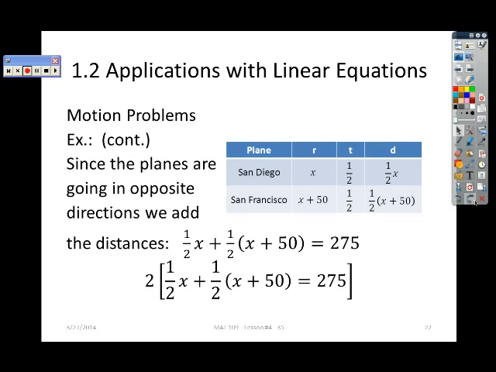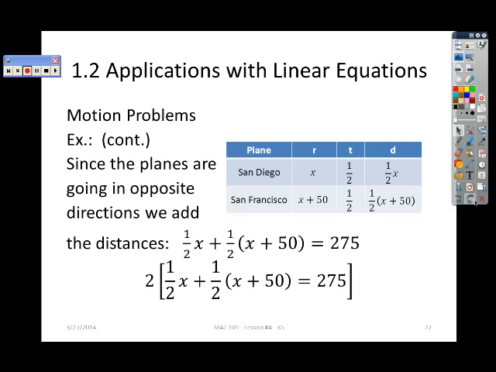Don't force a piece of data in there. Use the formula. If you had put 275 in for both of those, for one thing, it would have been incorrect. For another, you don't have any way to get an equation. So don't just blindly push forward saying, well, that's a distance, it goes in the distance column.